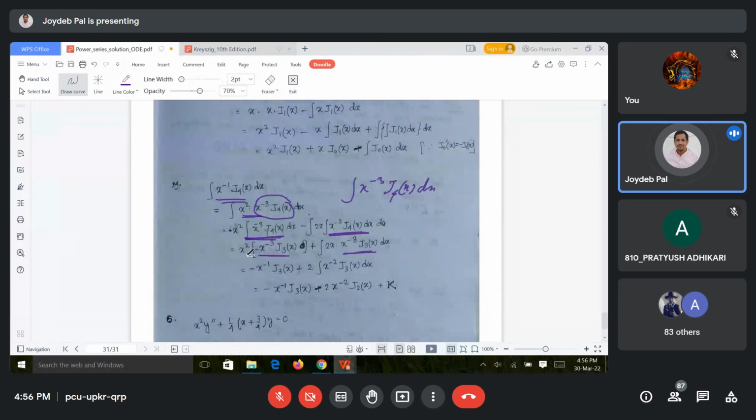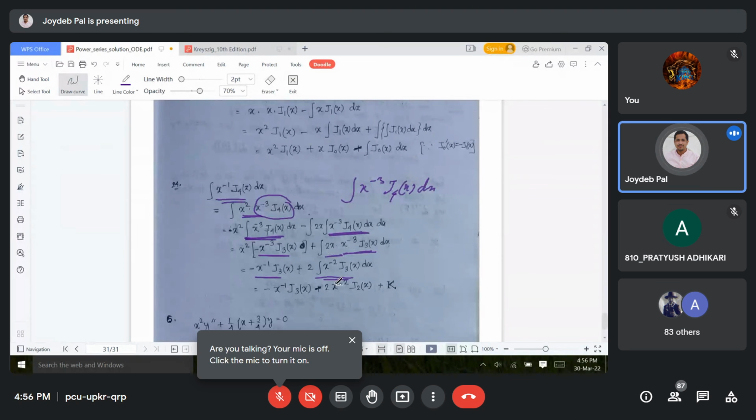Next, simplifying. There are no integration terms here, and for the second one, after simplifying we are getting 2 into integration of x to the power minus 2 J3 x dx.